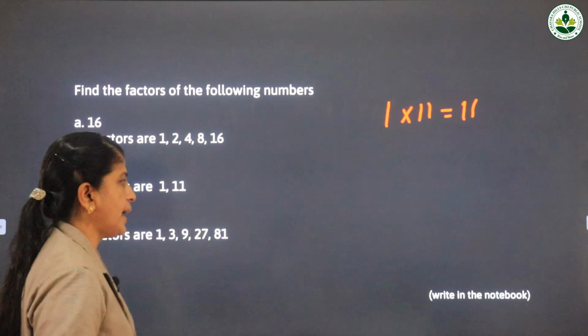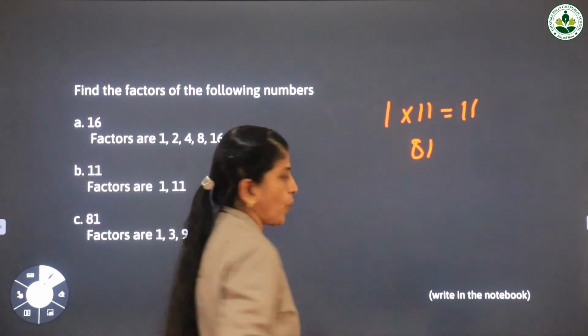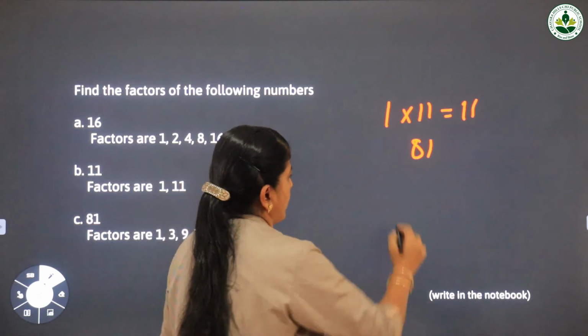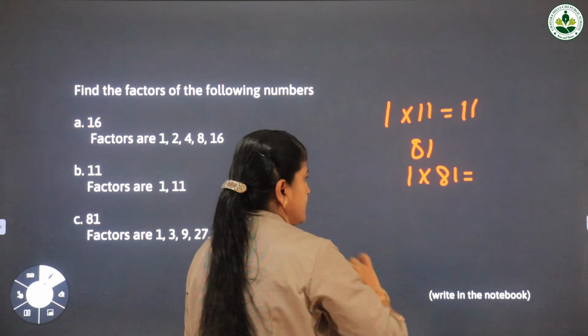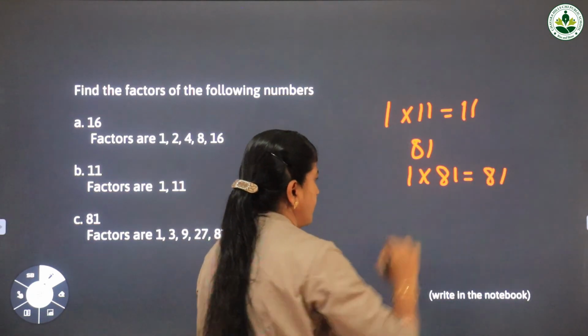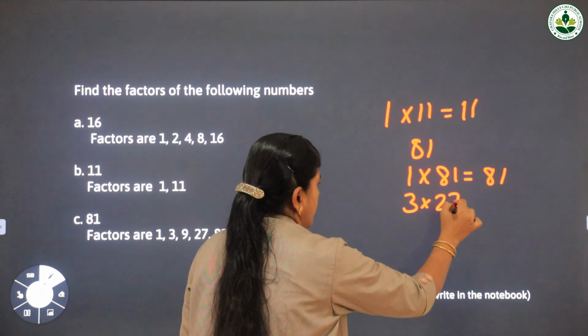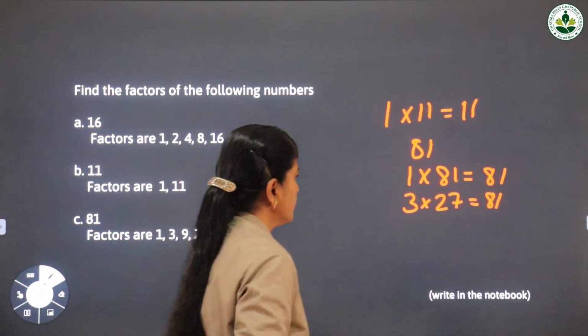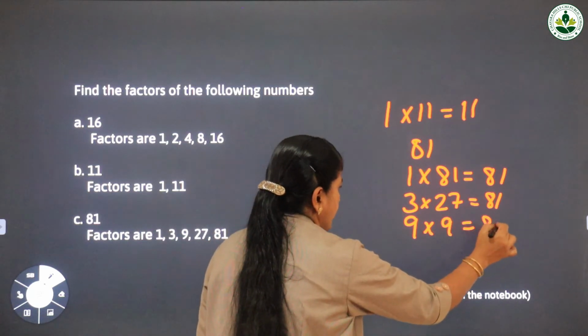And next one is 81. How do we get 81 as a product? We can multiply 1 and 81. 1 into 81 is 81. Then we can multiply 3 and 27, that is equal to 81. Then 9 into 9 is equal to 81.